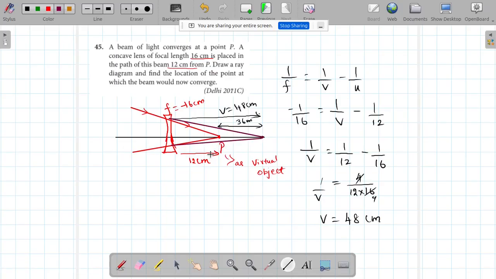But you draw properly, equally. It must be symmetrical. While drawing the diagram, you just have a symmetry.